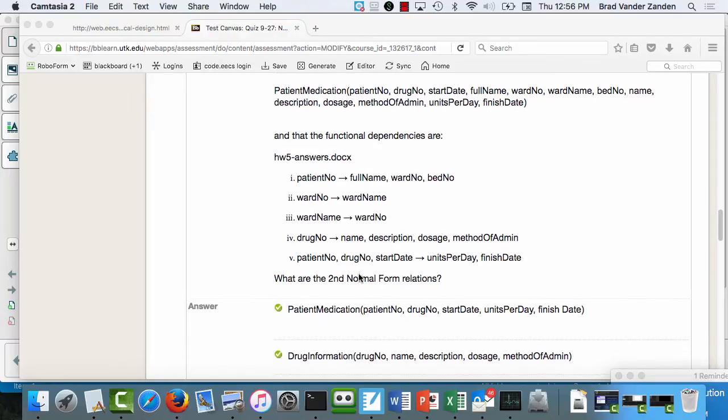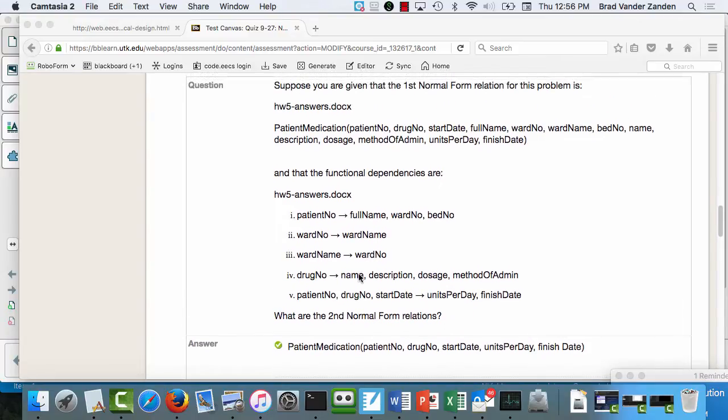So you have to identify what is the primary key here. And presumably the primary key, if you're given this information, is going to be what? Well, it's not just patient number by itself, because this is medication for the patient. What were you saying, Senia? The patient number, drug number, and start date.